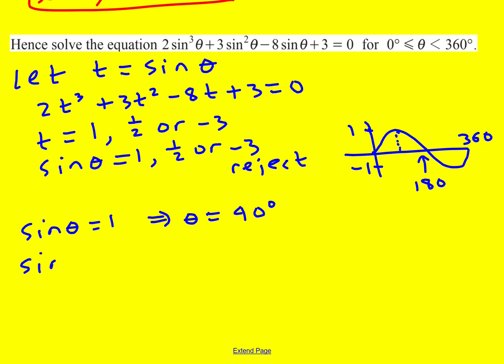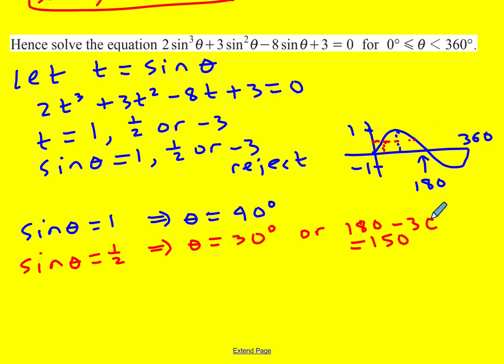And then I'm just left with sine theta equals a half. All right, and that's going to give me theta equals, actually, this is an exact value that you might know. You get 30 degrees right here. Or by symmetry, you get 180 minus 30. That is the trickiest one, which is 150 degrees.